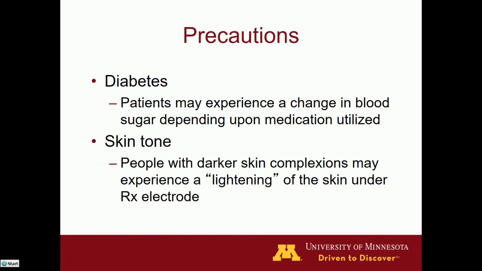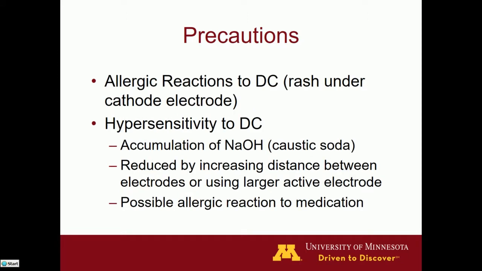All right. There's a couple of unique precautions. Let me flip back a second. I apologize. A couple of unique precautions that we need to consider with iontophoresis. As we've already discussed, there can be reactions from the direct current. So you can get a rash under the cathode.